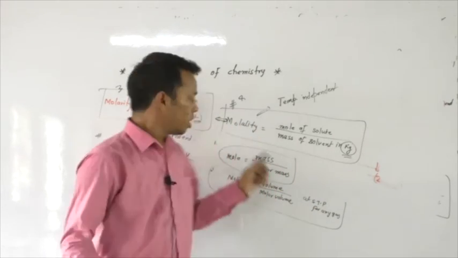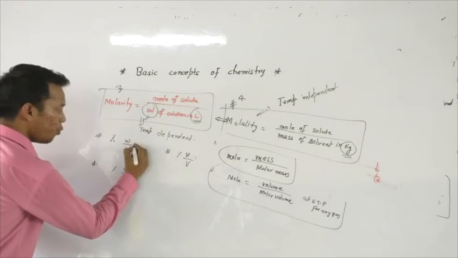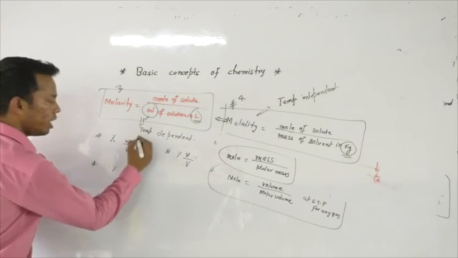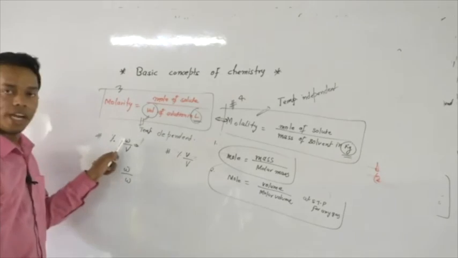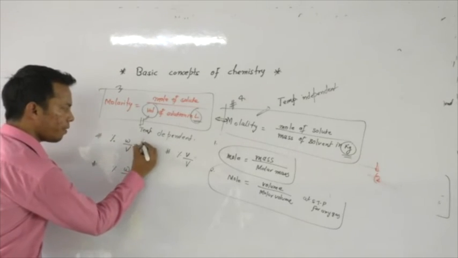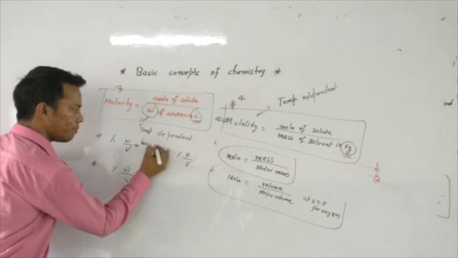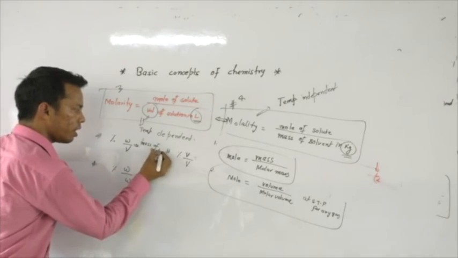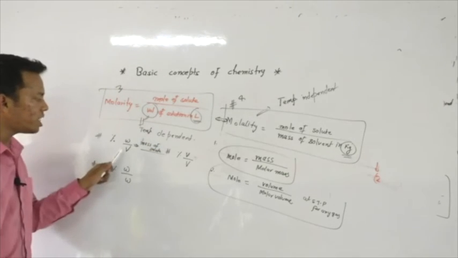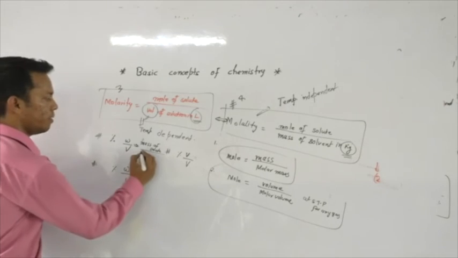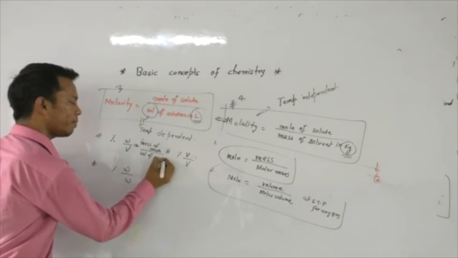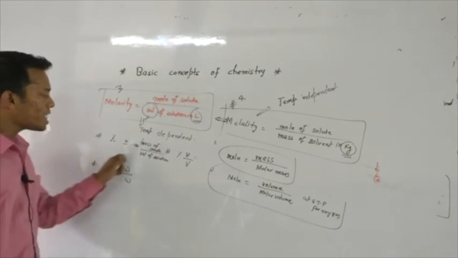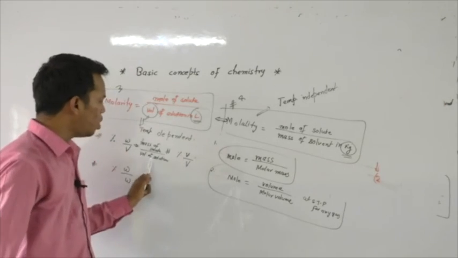So weight by volume means mass of solute divided by volume of solution.